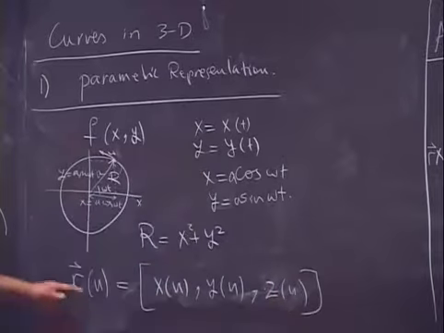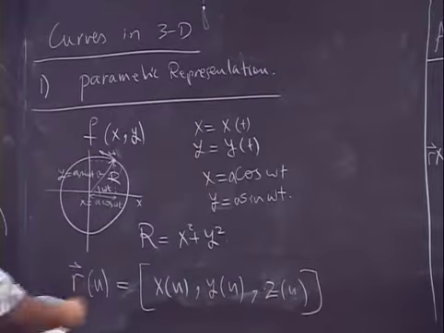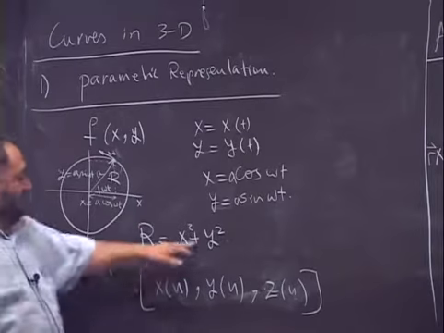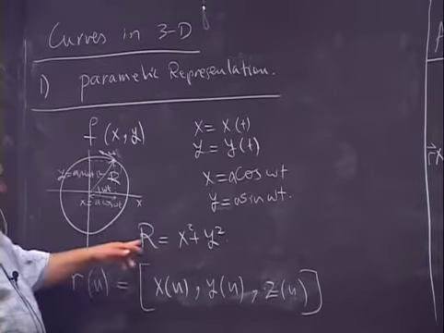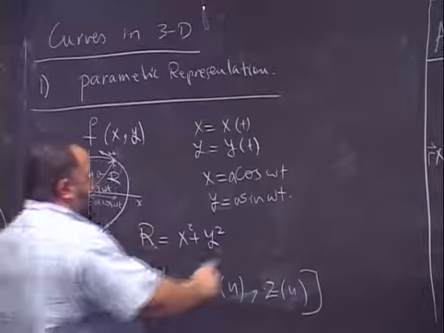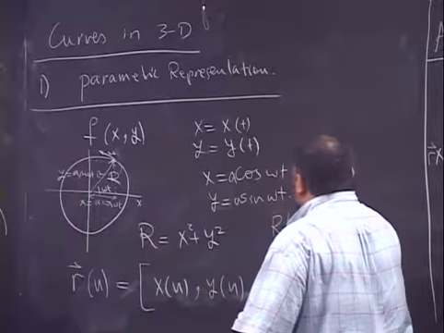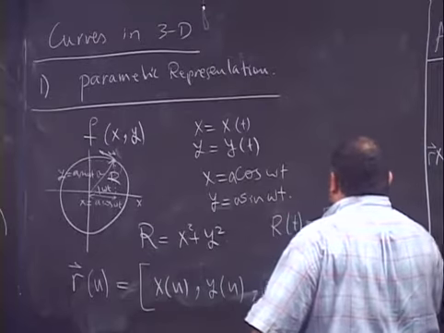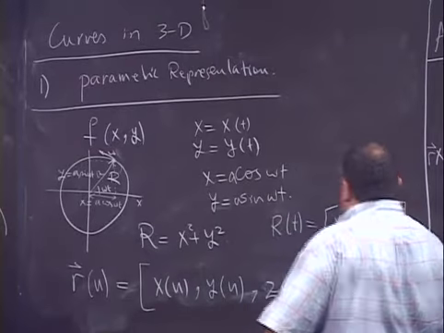We have two dimensions. The vector r, let's say in two dimensions, I can write as r of t will be just x of t and y of t.